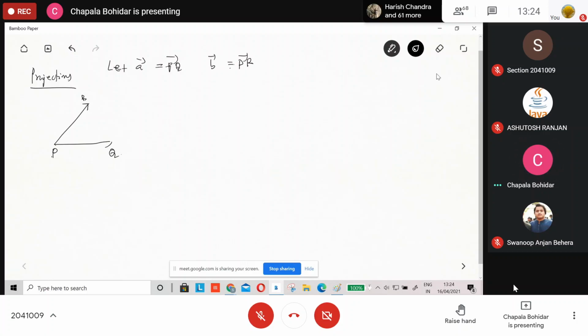These two vectors have the same initial point.